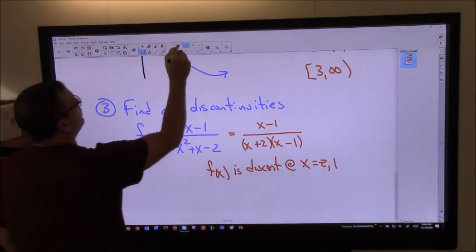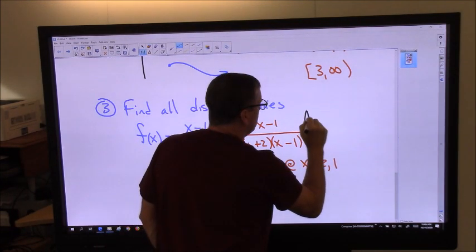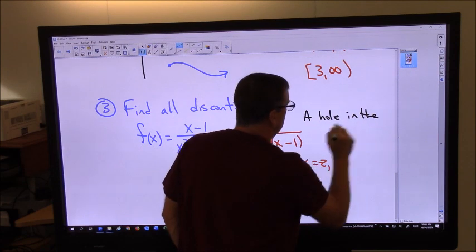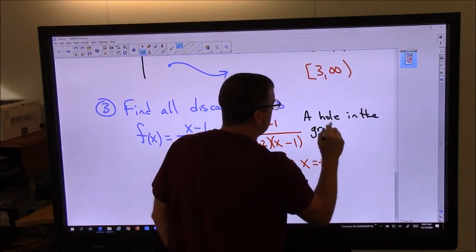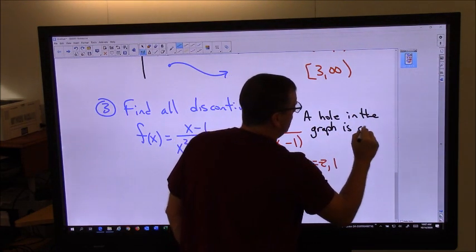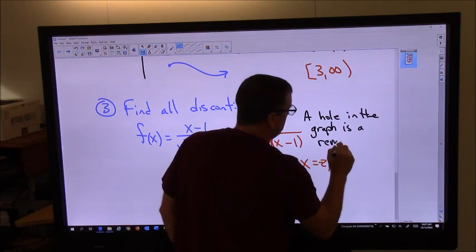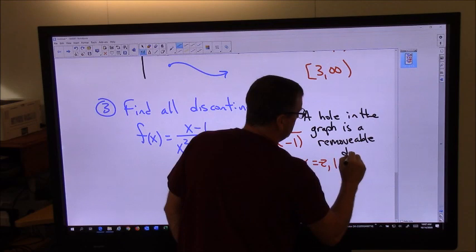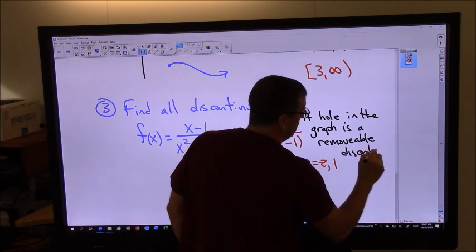All right? So a hole in the graph is a removable discontinuity.